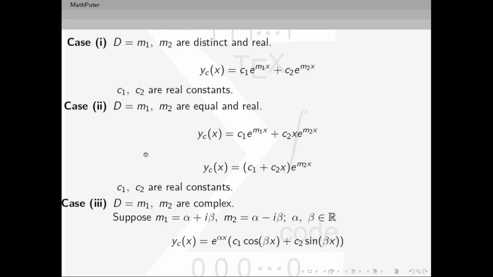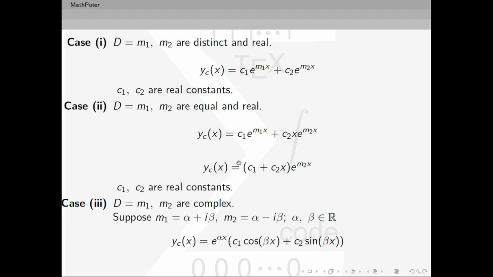Okay, so we divide the roots into these three natures: distinct roots, equal roots, and complex roots. Again I repeat, for distinct roots we have c1 e raised to m1x plus c2 e raised to m2x. For equal roots, it is c1 e raised to m1x plus c2 x e raised to m1x.